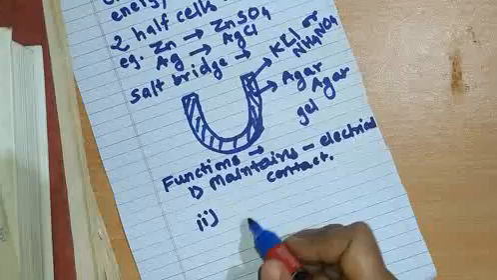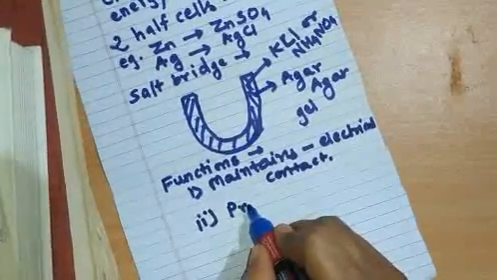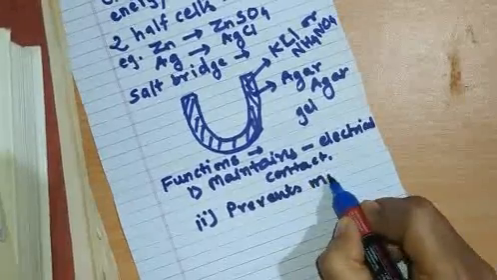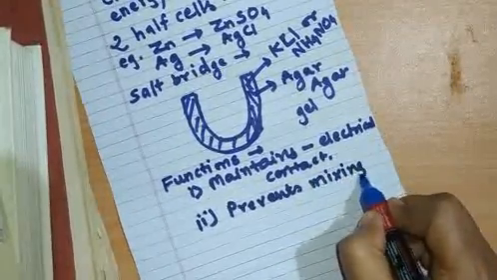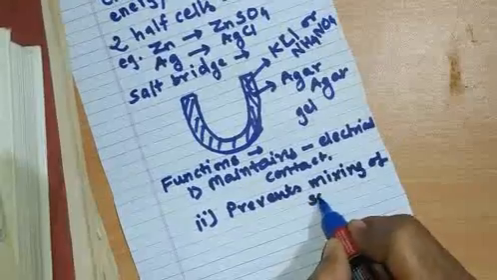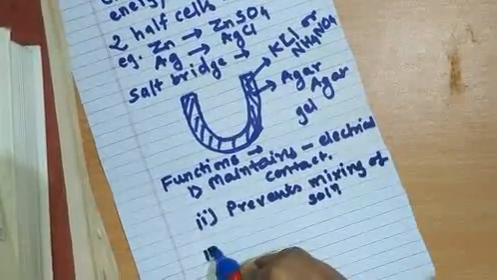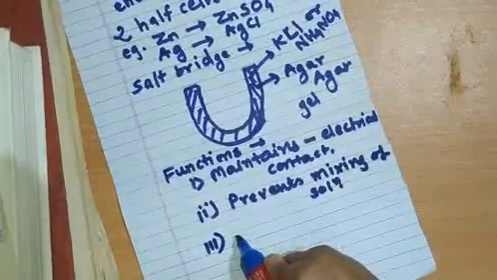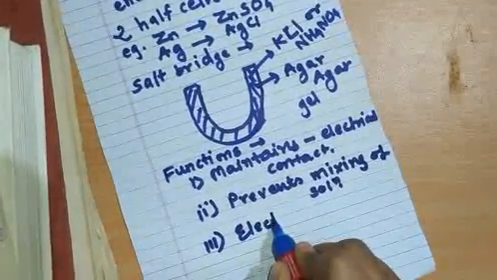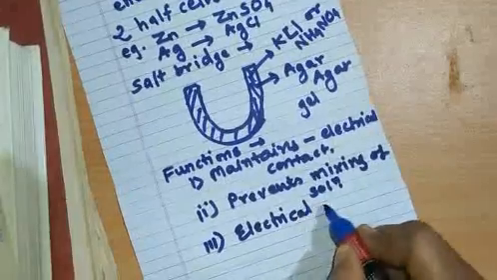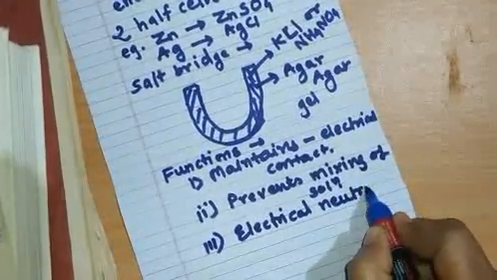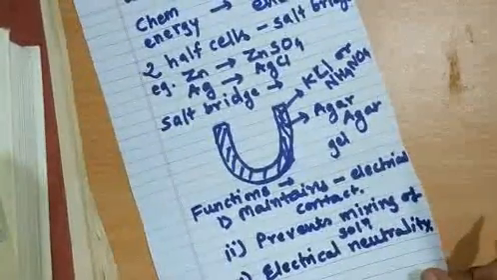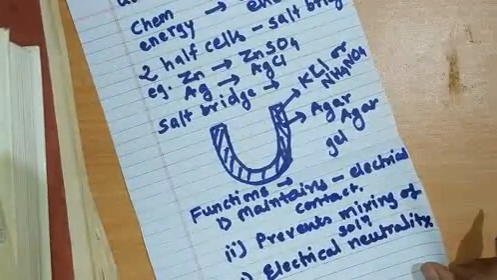The second function is that it prevents mixing of the two solutions. And the third function is that it maintains electrical neutrality. Thus, the galvanic cell is prepared.